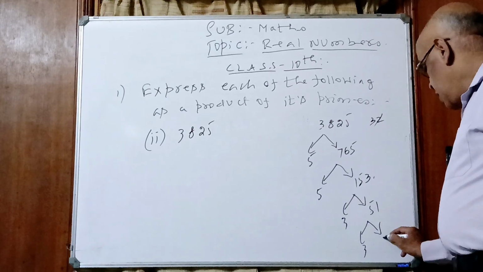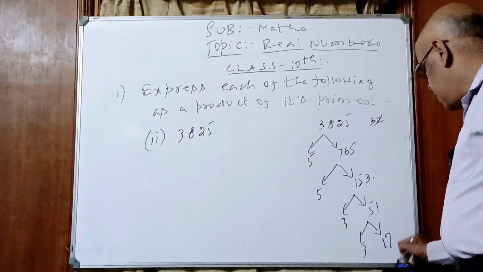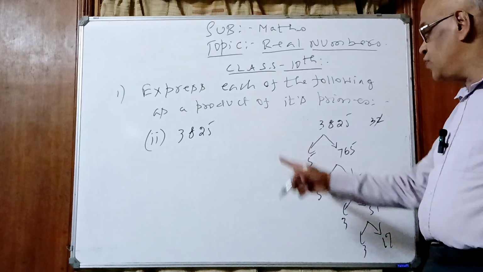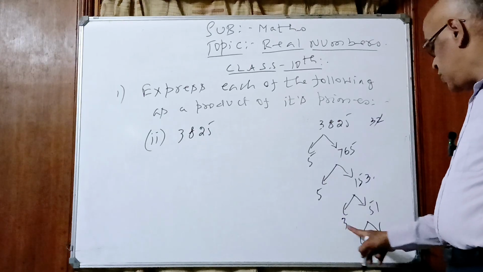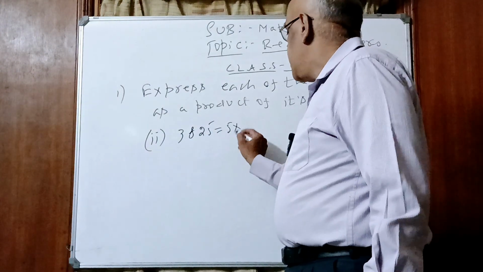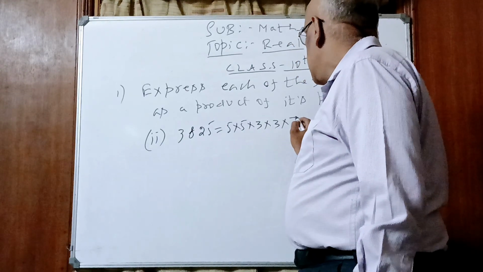3 1s are 3, 2 remains. 3 7s are 21, 3 3s are 9. So what are the factors of 3825? 5 into 5 into 3 into 3 into 17.